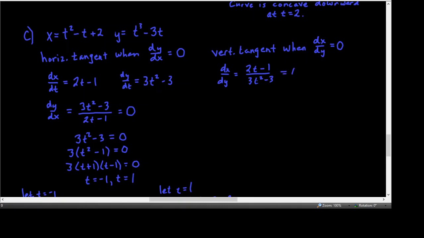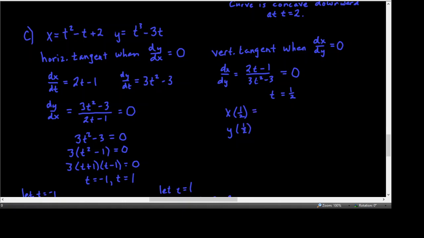And that will equal 0 when its numerator equals 0, which we discovered earlier was 1/2. And the denominator can't be 0, and at 1/2 the denominator is not 0, so we're in good shape. So again, we're looking for the point when that happens. So we'll need to calculate what x is when t is 1/2 and what y is when t is 1/2.